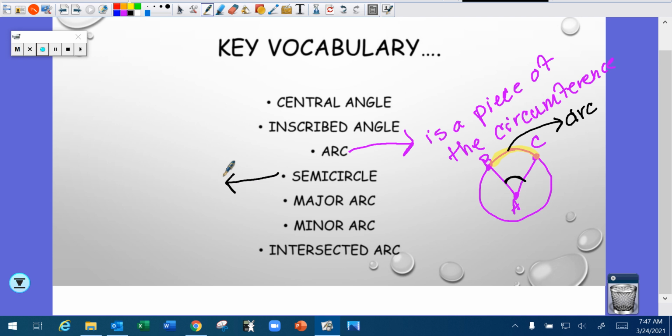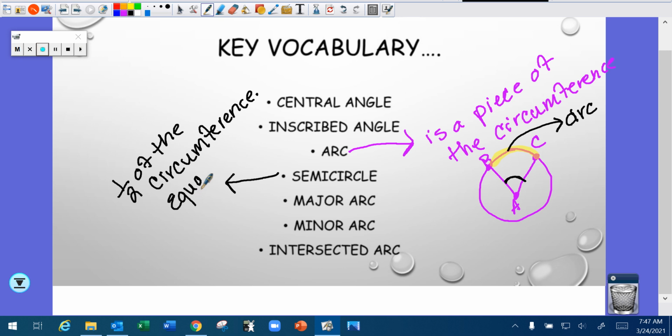Okay, a semicircle is one half of the circumference, and a semicircle equals 180 degrees. And here's an example of that.